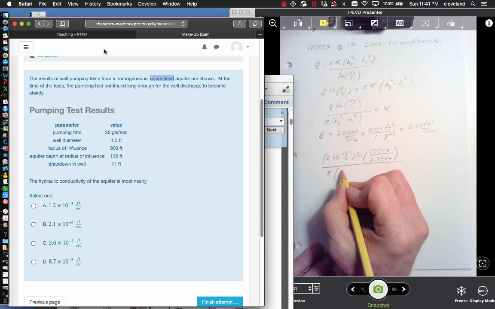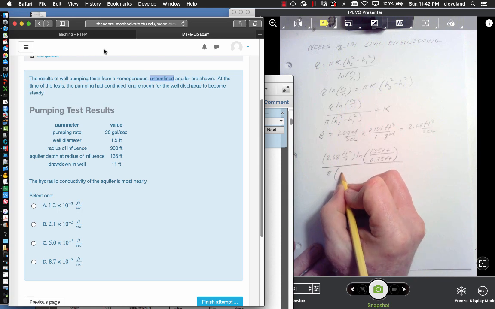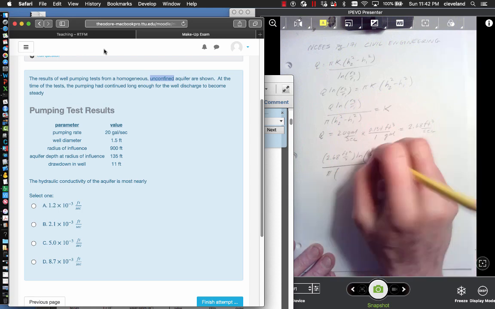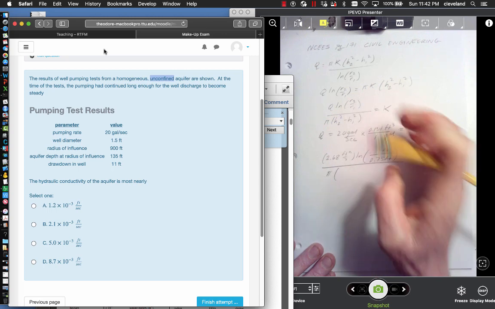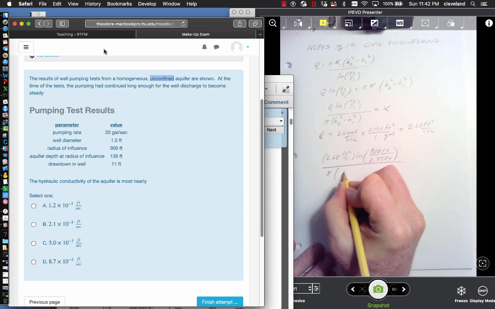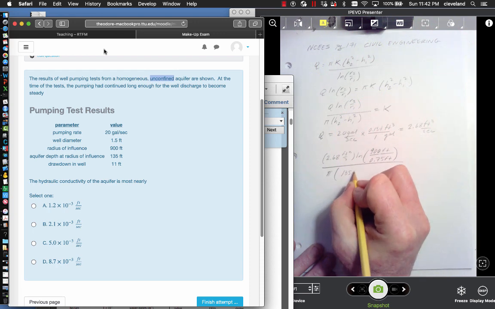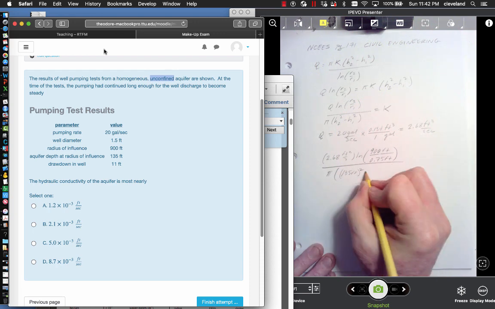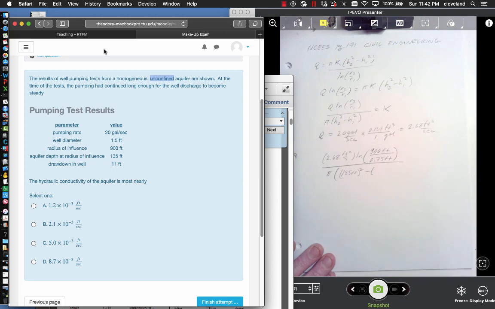H2 squared is 135 feet squared, minus the drawdown at the well.